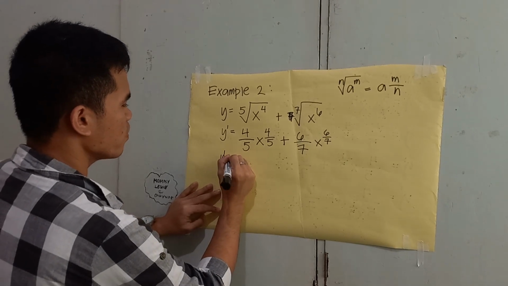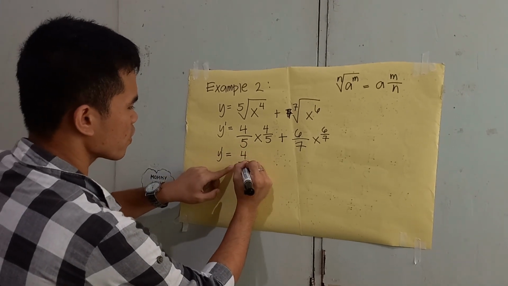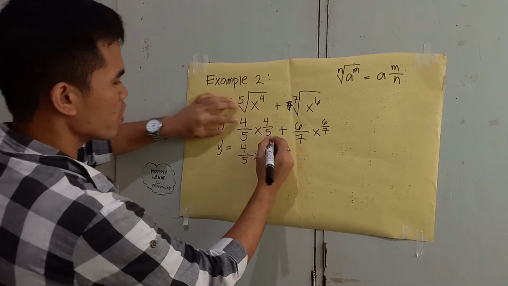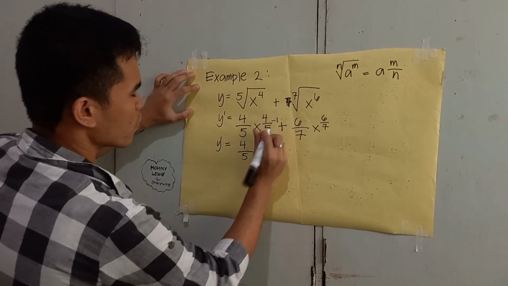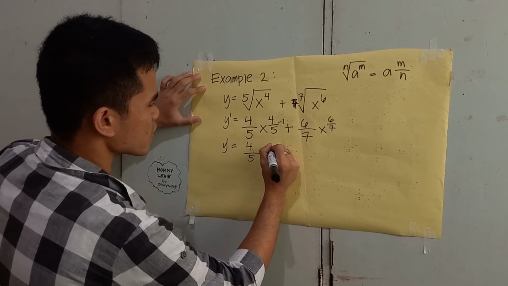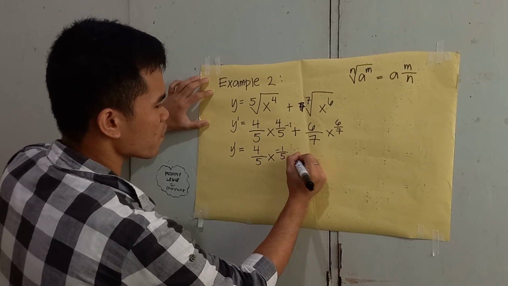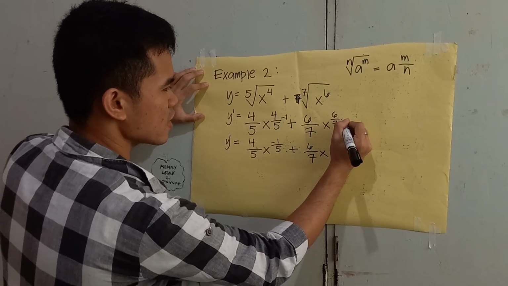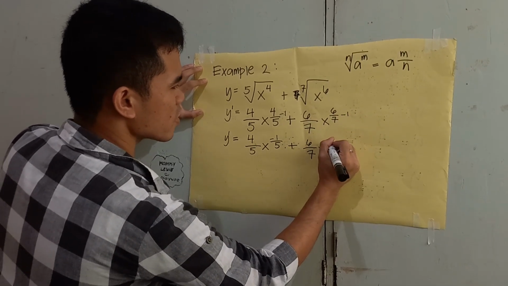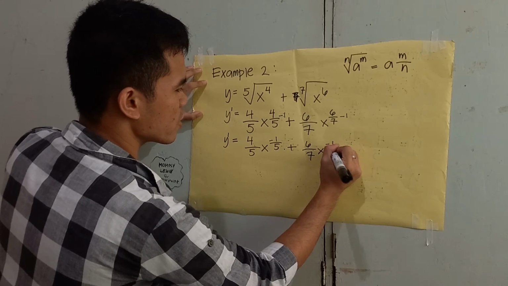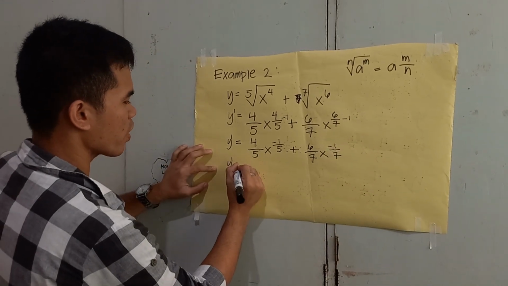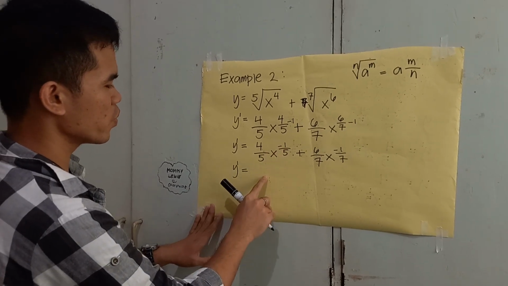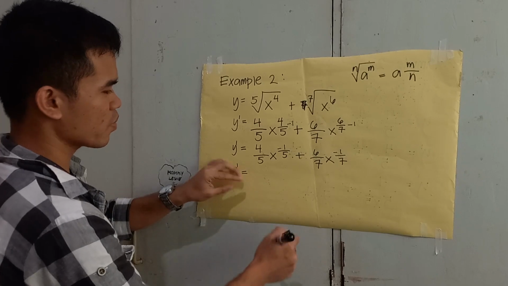So y prime, bring down 4 fifths x, we use the power rule, minus 1, 4 fifths minus 1 equals negative 1 fifth, plus bring down 6 sevenths x, 6 sevenths minus 1 equals negative 1 seventh. y prime equals, since the exponent is negative, we need to bring down to the denominator to make it positive.